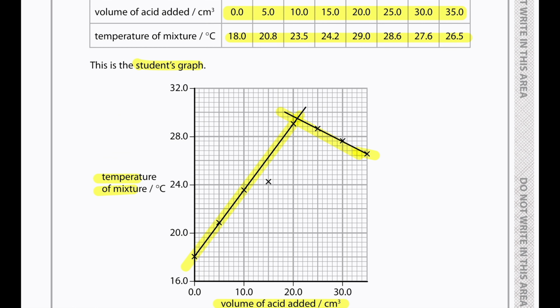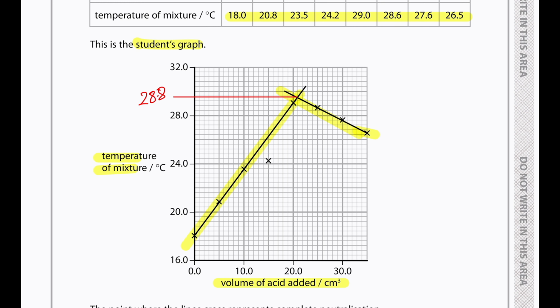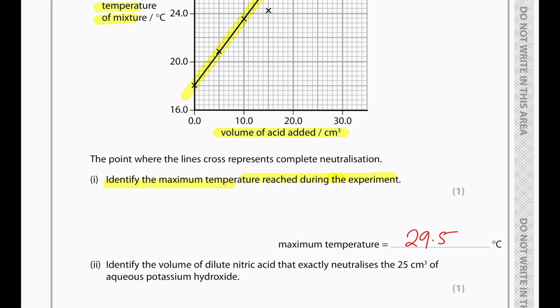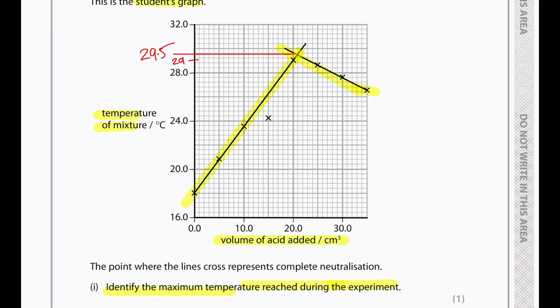Okay, very good question. The maximum temperature will be 28.8. Oh, my bad. So it's going to be 29.5 because this particular portion is 29. It's going to be 29. Identify the volume of nitric acid that exactly neutralizes 25 cm cube potassium hydroxide. To find that, we'll have to extrapolate the line from the highest temperature point downwards.